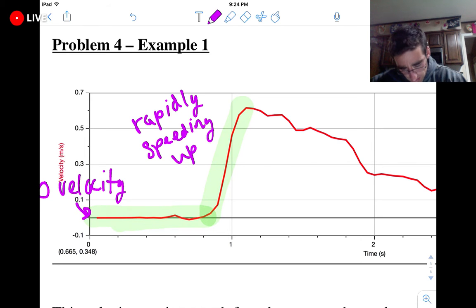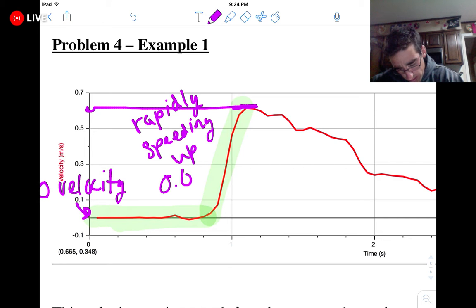Specifically, it rapidly speeds up to about 0.6 meters per second.